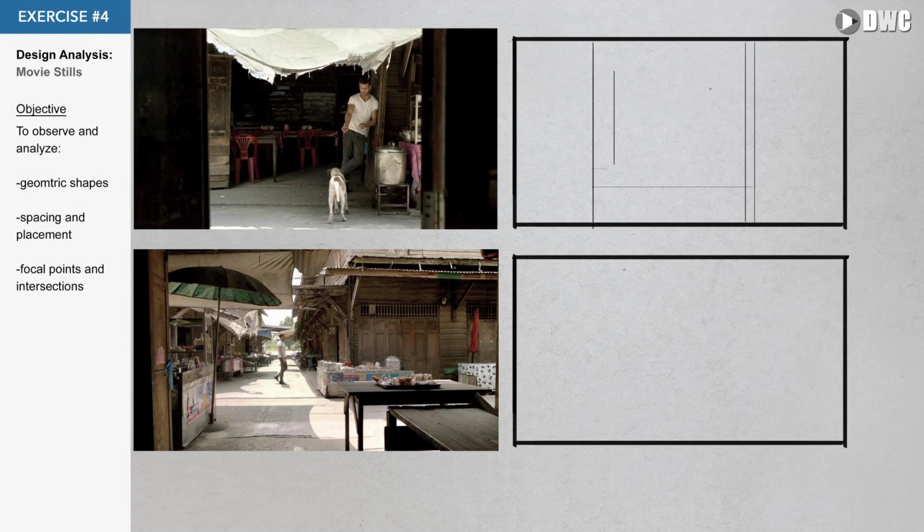Right now, what I'm doing is looking for obvious verticals and horizontals, obvious rectangles. So I always start with the obvious. The little door our character's leaning on, Ryan Gosling. I'm going to sketch him in now. Just a rough sketch of his silhouette. I don't need to be perfect. I don't need to do a perfect copy.